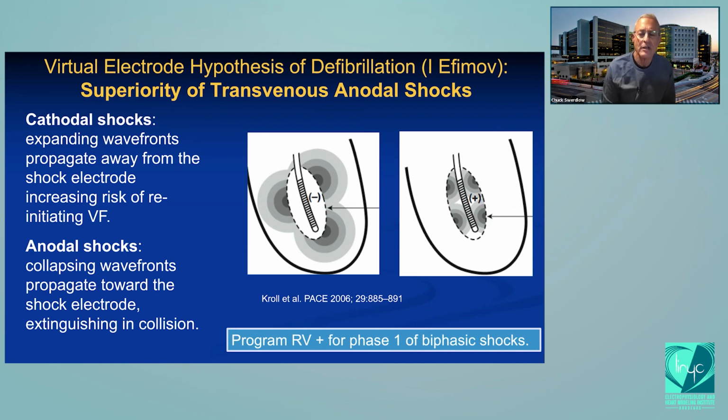Now, there's another folklore or type of witchcraft in which, since all defibrillators give you 6 or 8 shocks and people get bored, they say, well, if the first 3 shocks don't work, I'm going to switch the polarity and see if that helps.